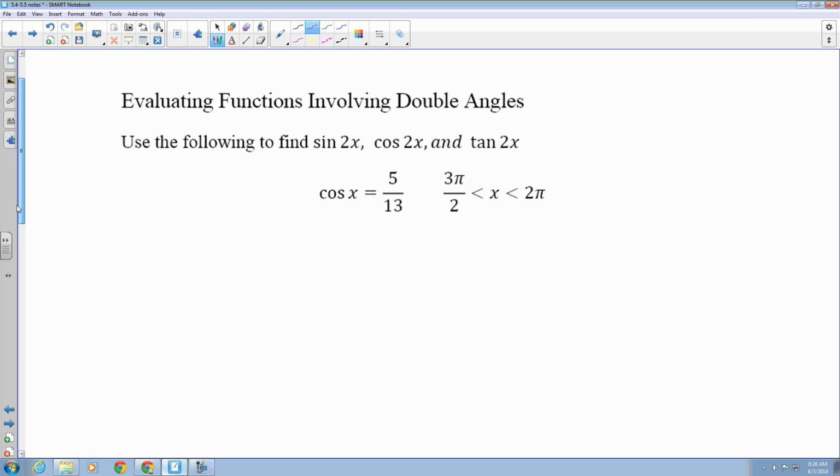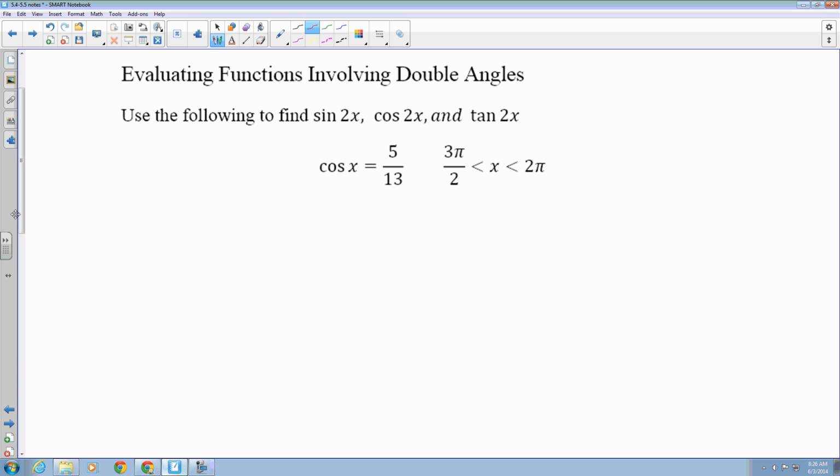Use the following to find sine of 2x, cosine of 2x, and tangent of 2x. So if I have cosine is 5 over 13, then that's my x over r. If I look at all of my double angle formulas, they all involve sine and cosine.